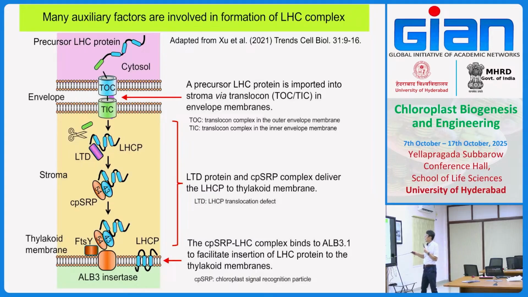So two protein factors, cpSRP43 and 54, assist this LHCP apoprotein to remain soluble in the stroma. Otherwise, this hydrophobic protein may aggregate between the hydrophobic regions.